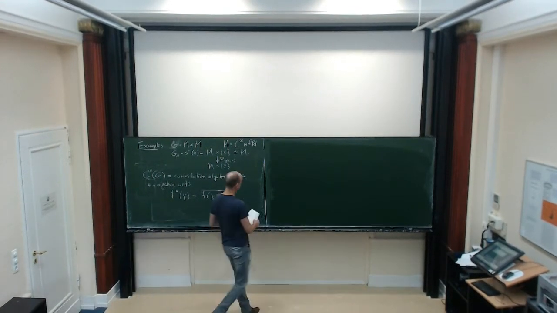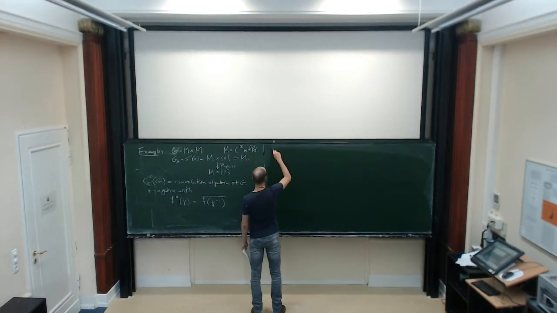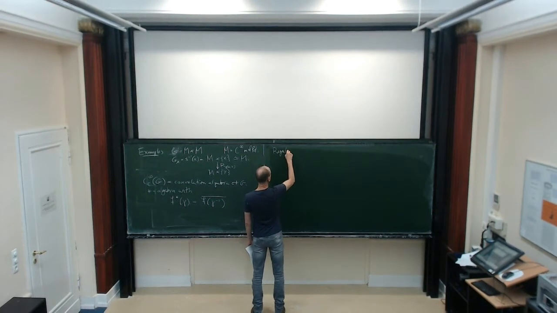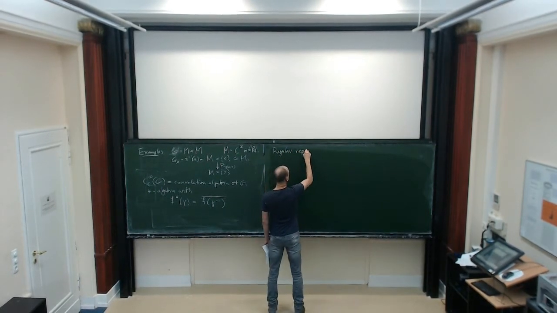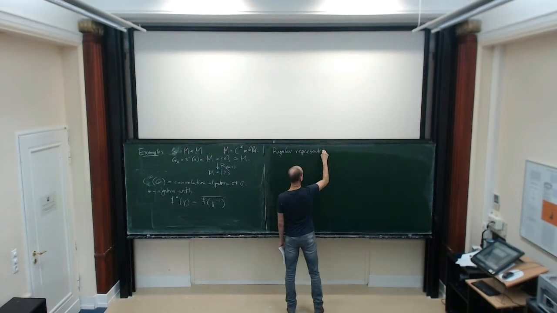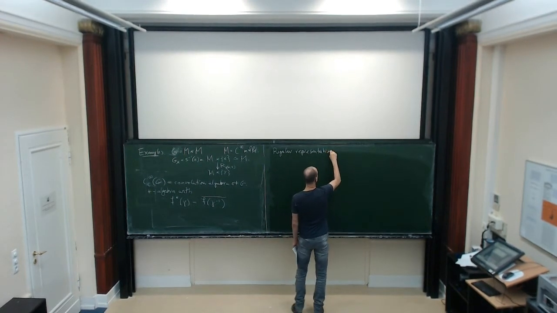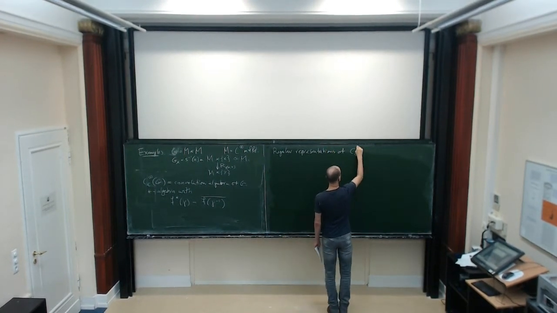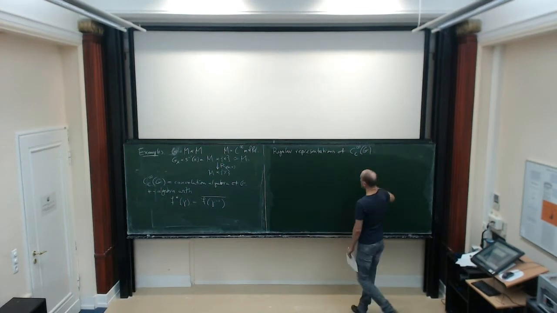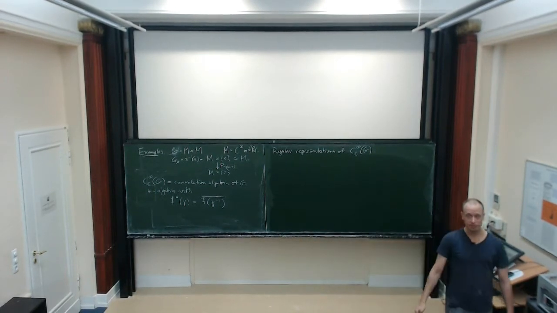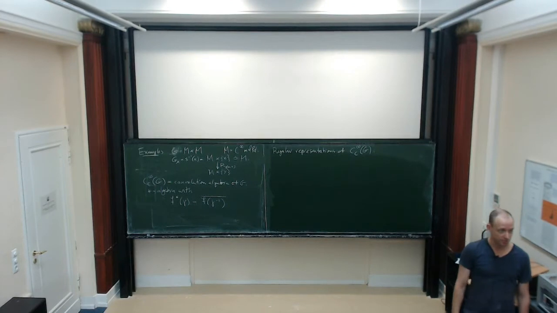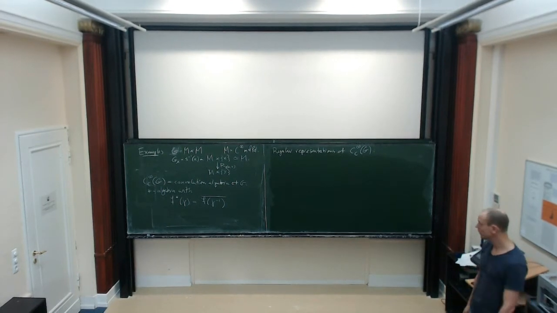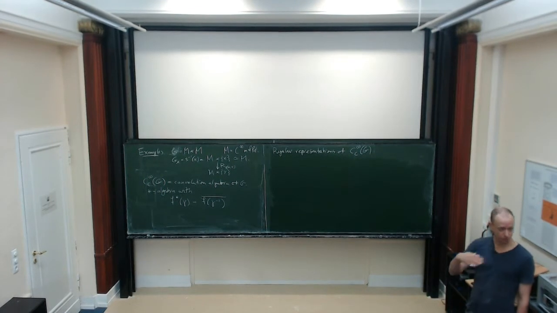Okay, so this algebra can be represented by bounded Hilbert space operators. But since we're on a groupoid, it's not going to be represented on L2 of G, but on L2 of the source fibers.